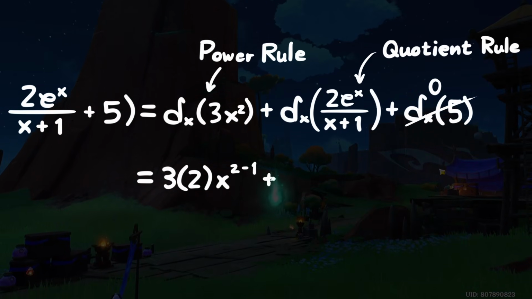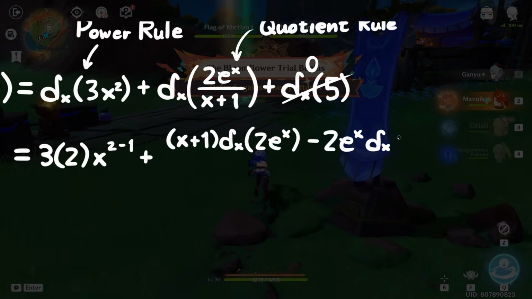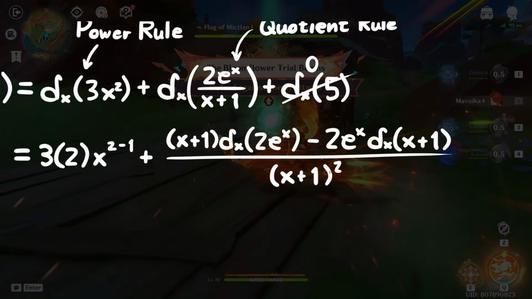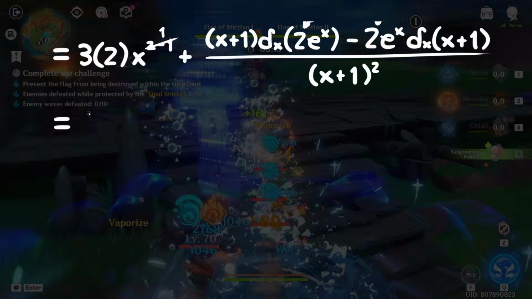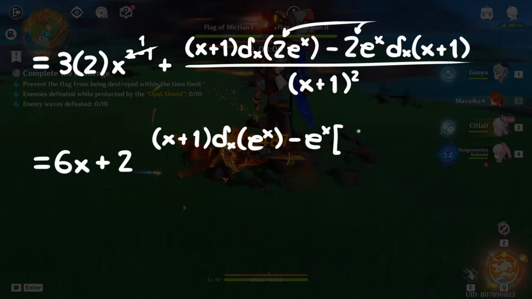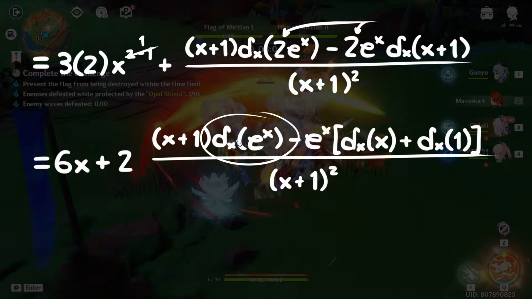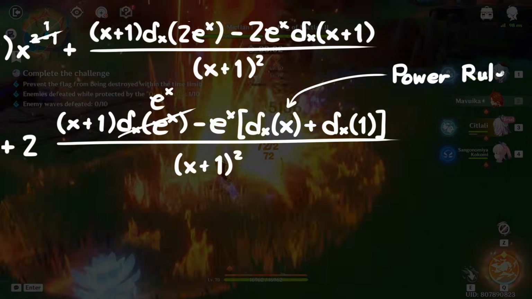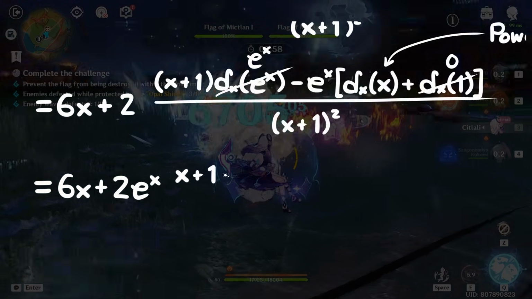For the second term, we have to make use of the quotient rule. Then recognize that we can use the power rule and the derivative of an exponential. After that, all we just have to do is simplification.